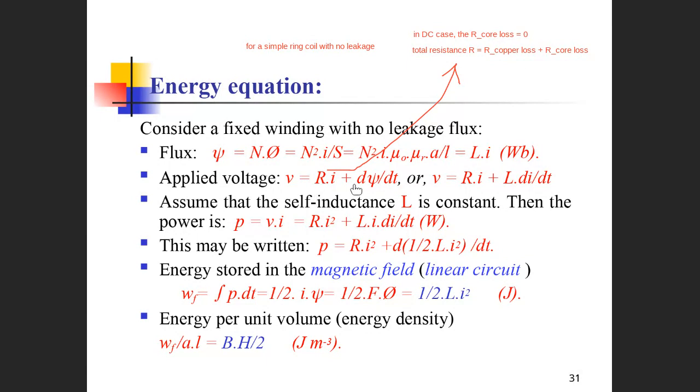That is the induced voltage across the coils. This is the total source voltage. We call it the voltage equation. So in DC, this one is zero.